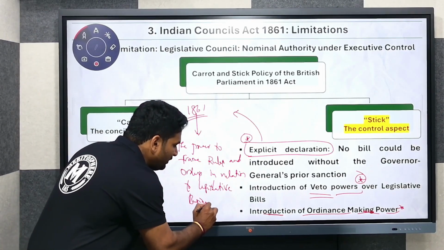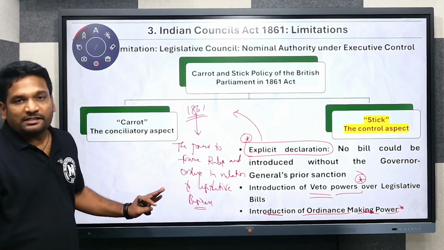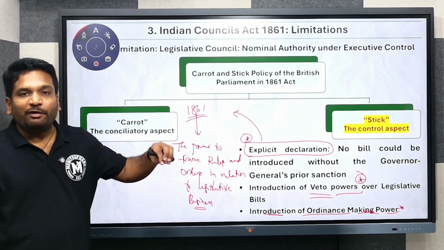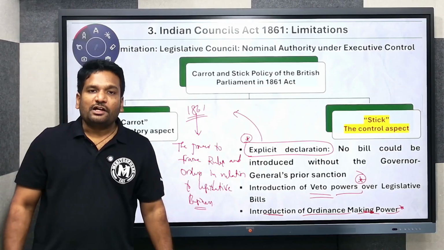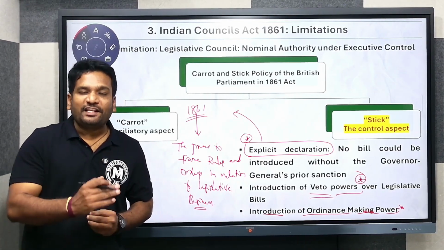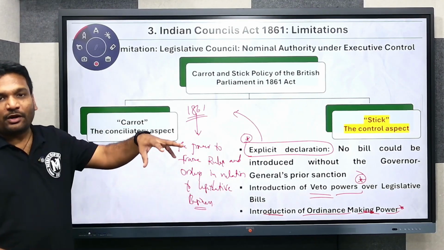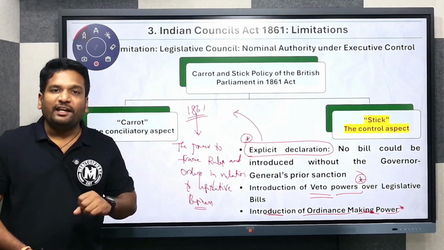So in relation to legislative business, whatever rules and orders have to be implemented would be through the Governor General of India. So the power was granted to the Governor General of India to make rules and orders in relation to legislative business. In all these 4 ways, there was a control over the functioning of the Indian Legislative Council.